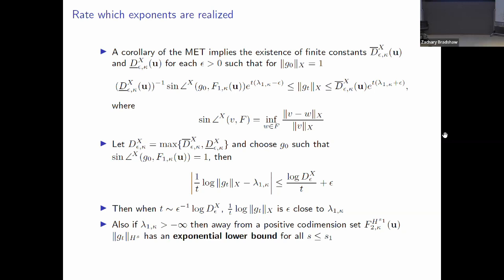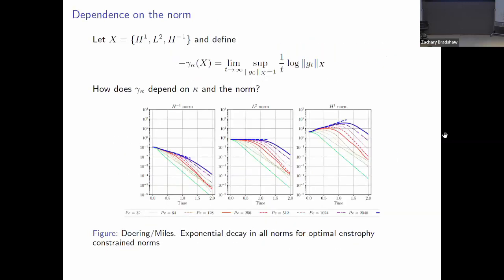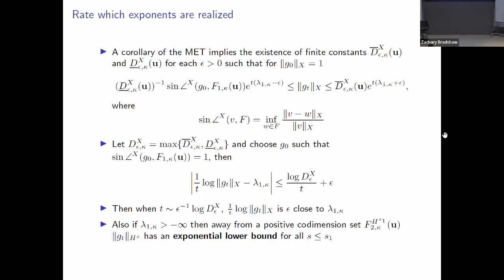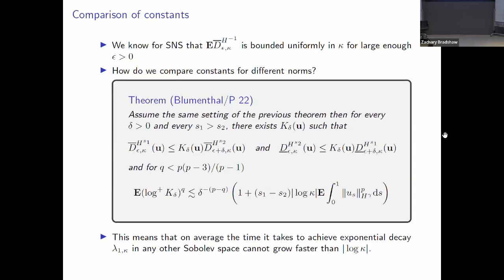So the logs of these constants are measuring roughly the length of this transitory period. We can estimate these and see how they change between Sobolev spaces. At worst, they pick up a log kappa factor, which is still optimal.